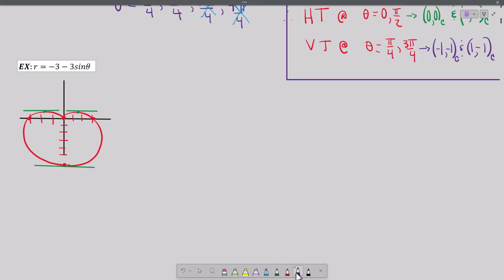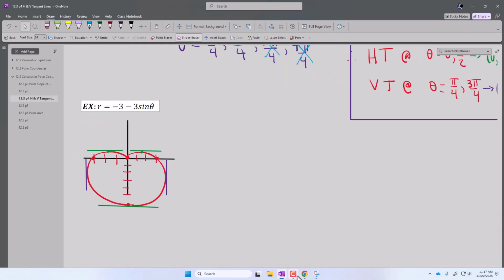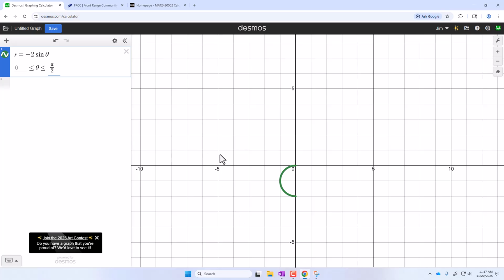Now let's go verticals. How many verticals do you see? 2. So we definitely see these 2. Now that dimple thing. If we look at that dimple thing in Desmos, you get a better view. So, was it negative 3 sine of theta?